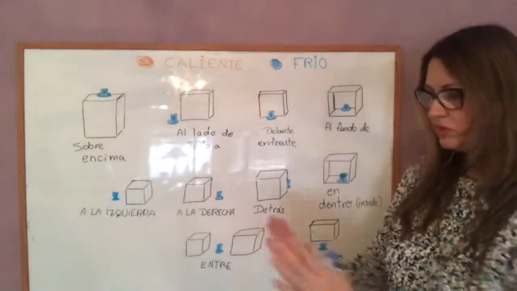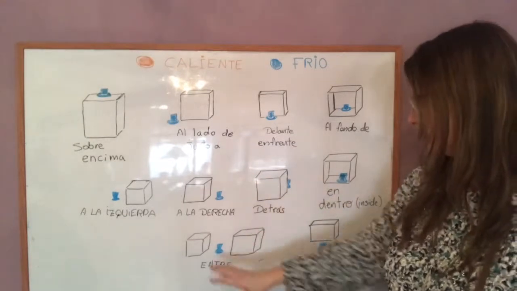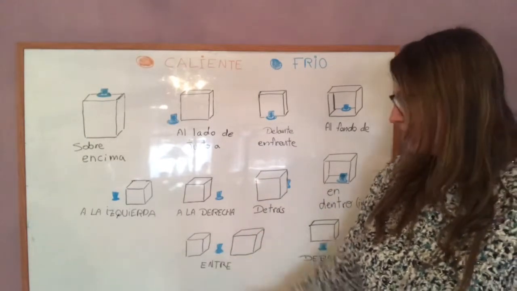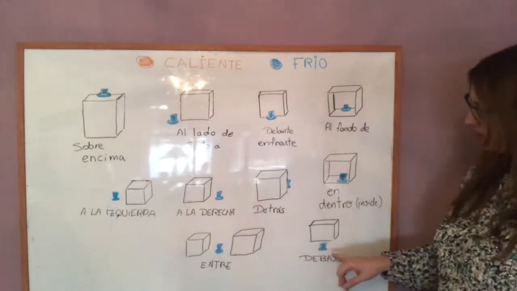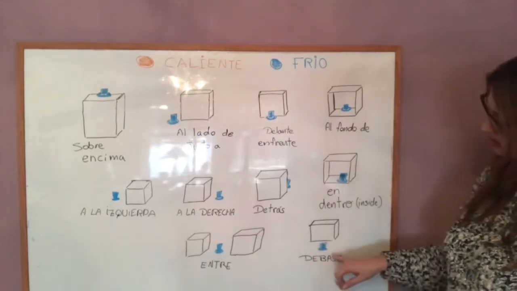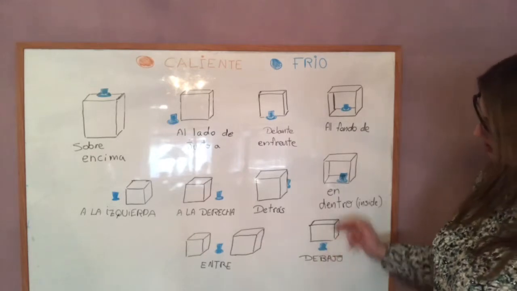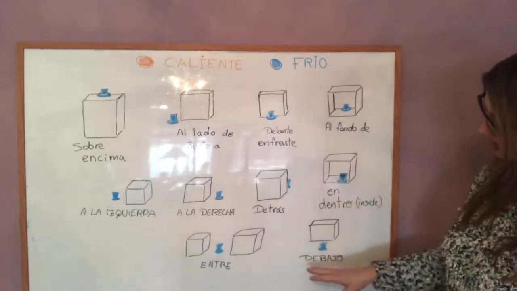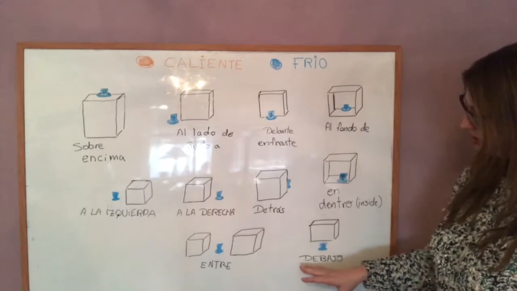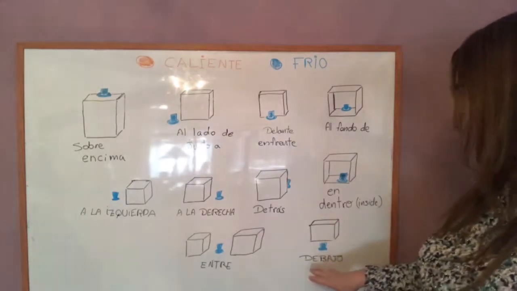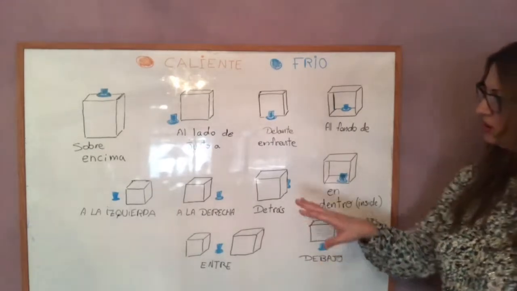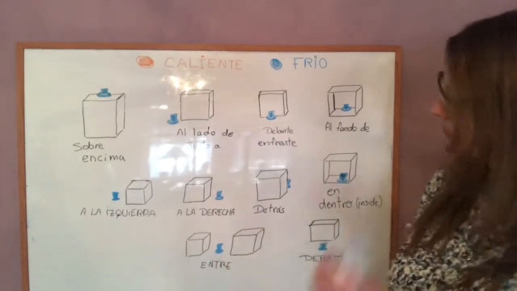So in between those two buildings or those two shops. Entre, in between. That is a useful one to know as well. And here, the last image is a heart underneath the cube. So that would be debajo. Underneath means debajo. Okay? Debajo, entre is in between.